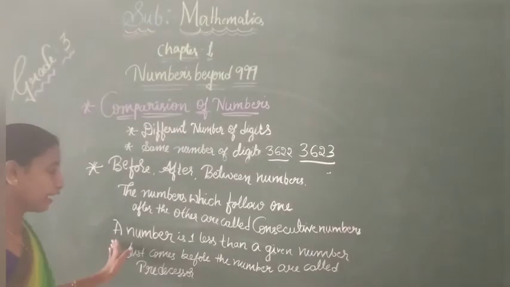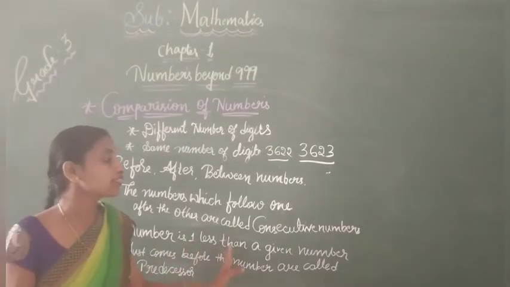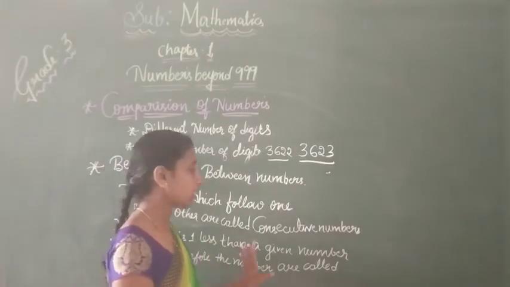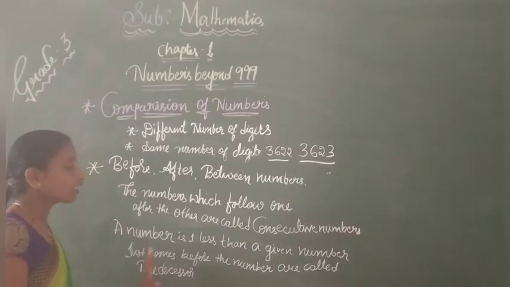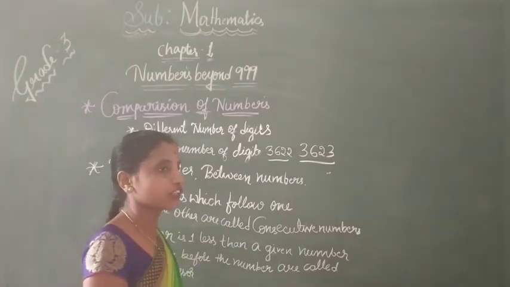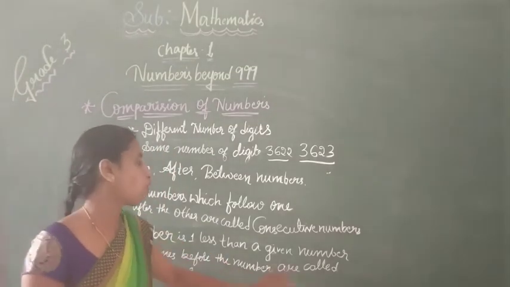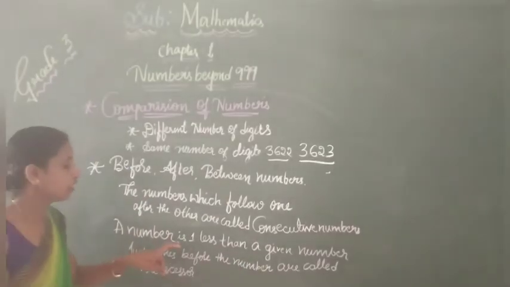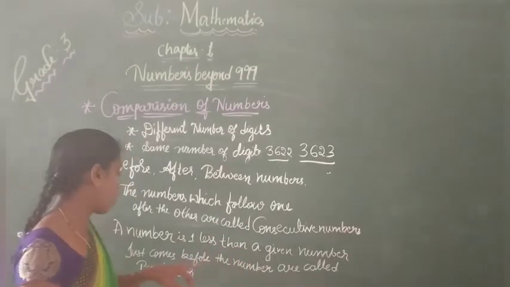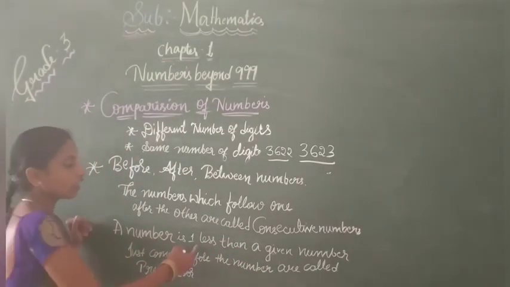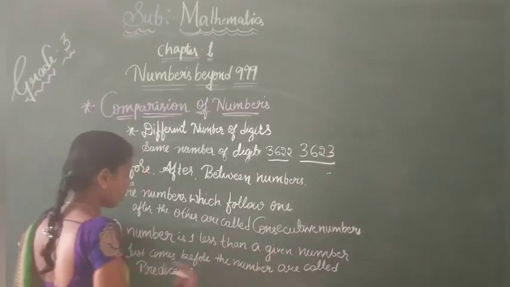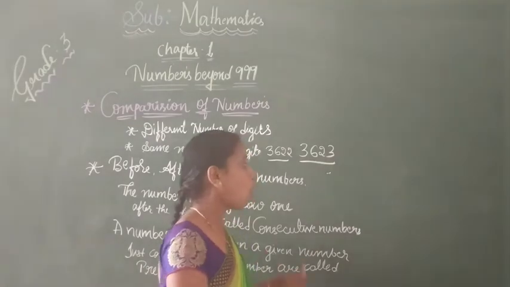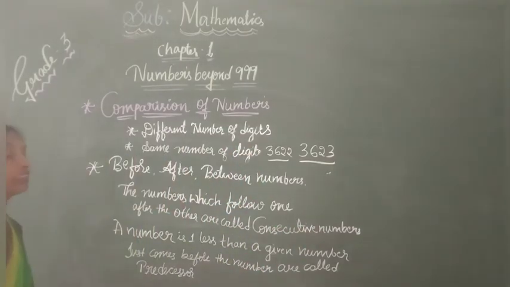A successor is a number one greater than a given number, which just comes after the number. Here one is less than a given number, and in a successor one is greater than a given number.